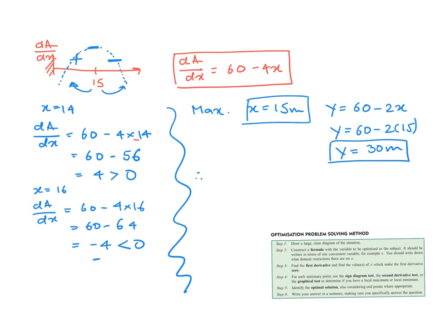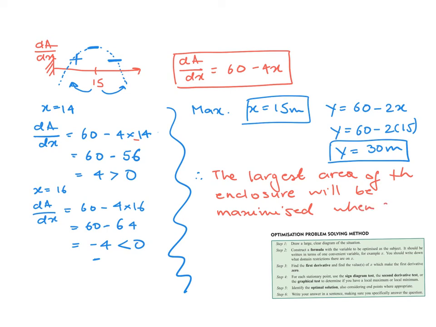So, therefore, you may say something like this: the largest area of the enclosure will be maximized when x is equal to 15 meters and y is equal to 30 meters.